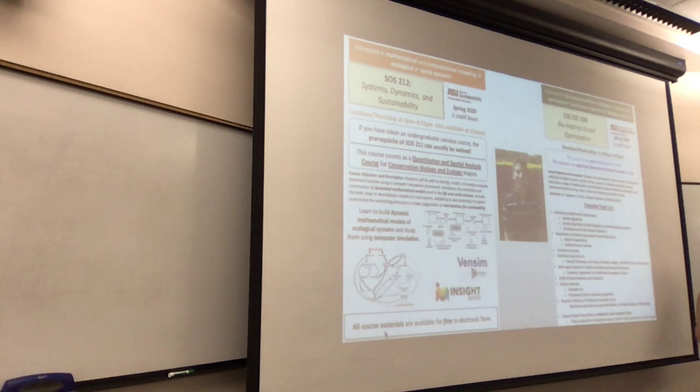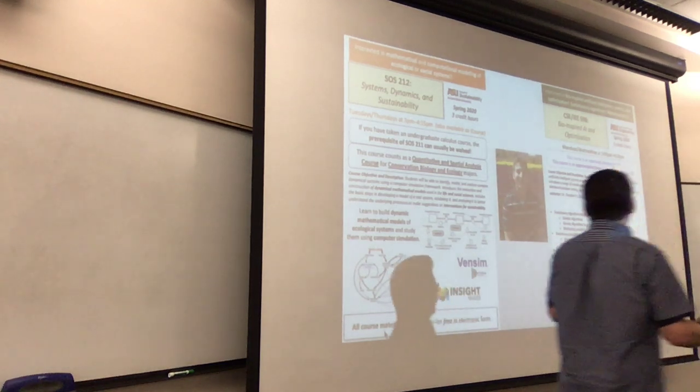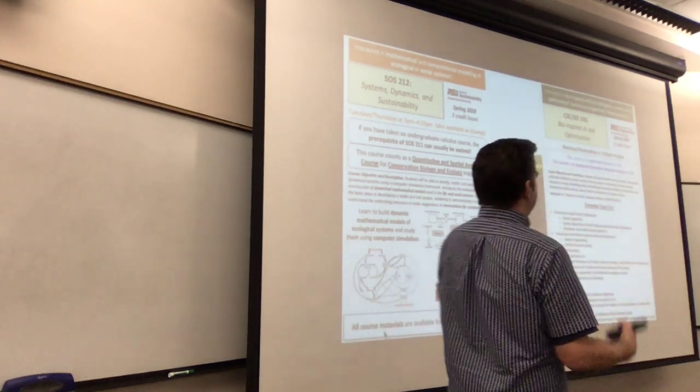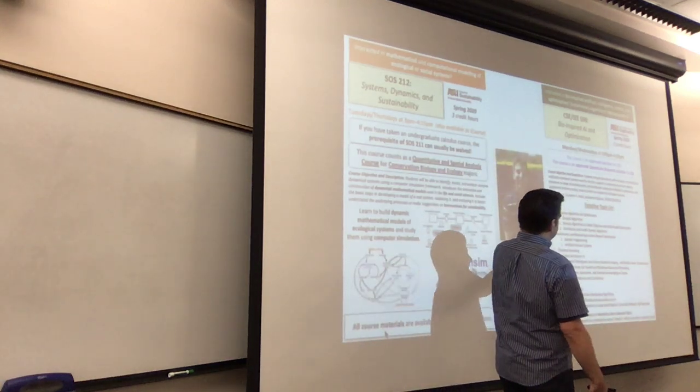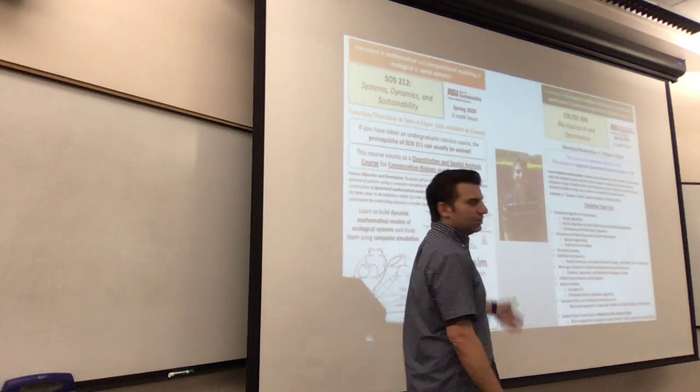Those of you in the 4+1 might be interested in this seminar that I'm teaching on bio-inspired AI and optimization. Metaheuristics are something a lot of people hear about but maybe don't understand how they work, like genetic algorithms, simulated annealing, and particle swarm optimization.